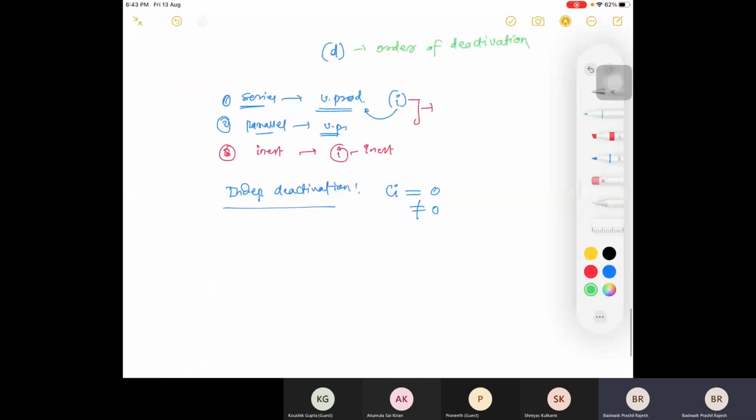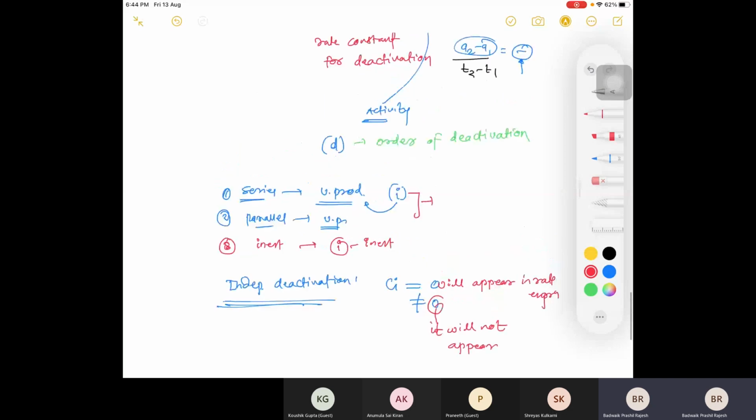So I'm just changing this value. CI will appear in the rate expression, and here it will not appear. Okay, so in case of independent, I told you it is not dependent on concentration, so that term will not be there.